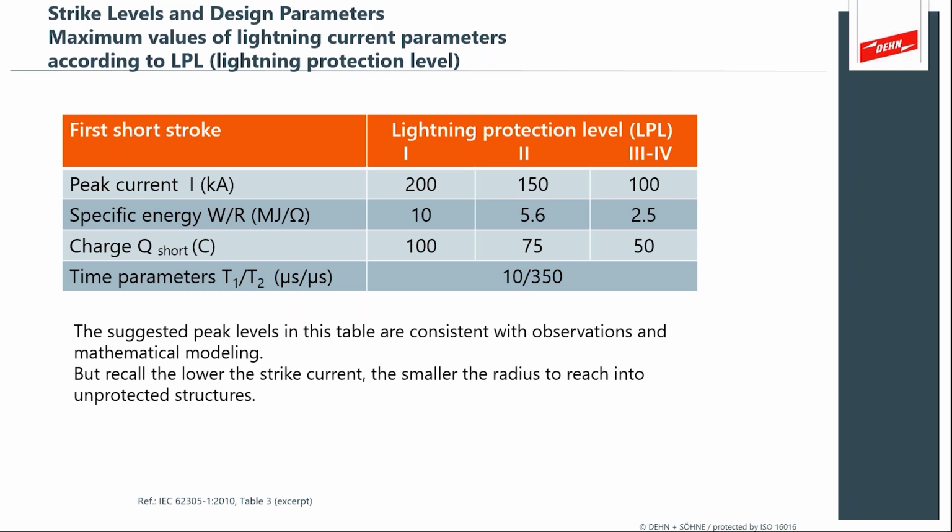So if you're a nuclear power plant with extreme risk control, or if you're a hospital full of babies and oxygen, or if you're a rocket ship full of hydrazine, you want to be very conservative and you want to guard against the maximum acceptable limits of charge, energy, and peak current.